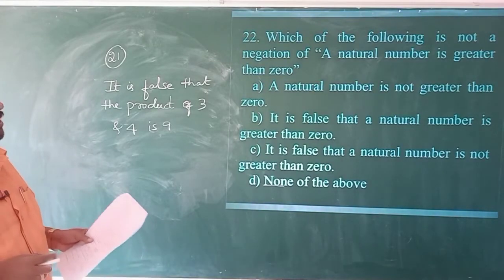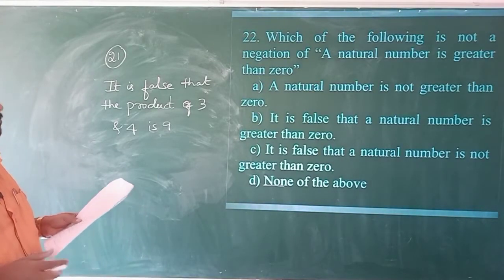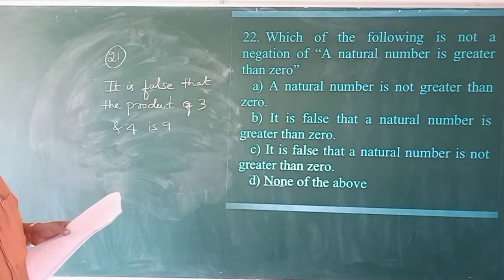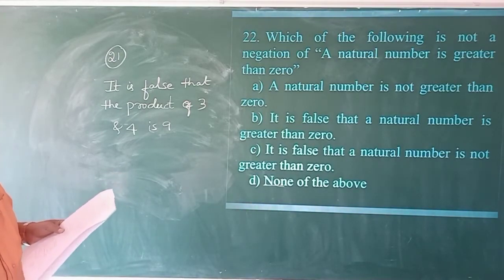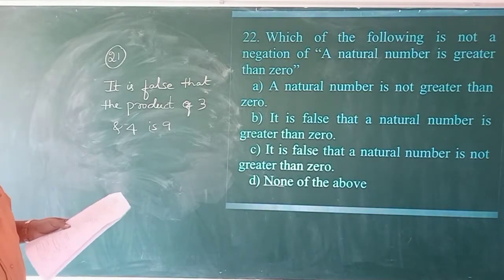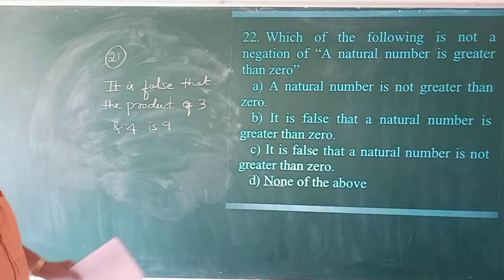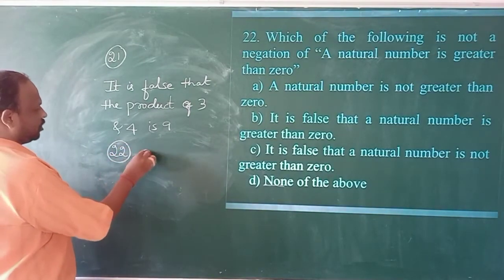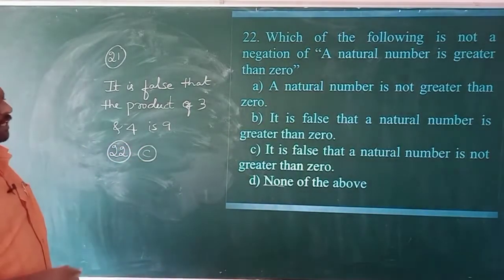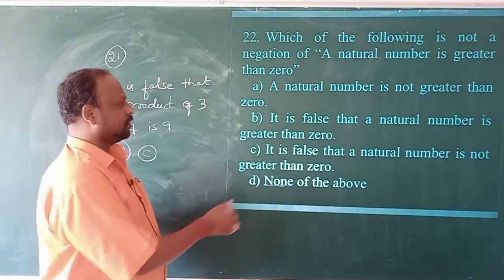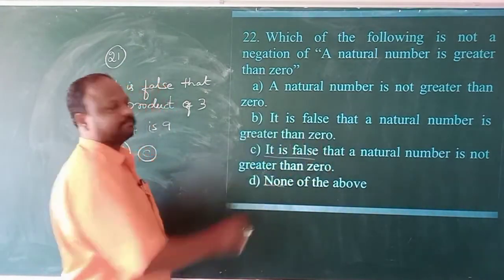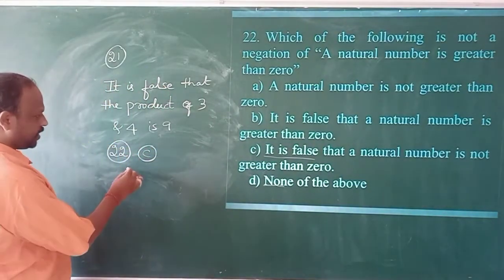Go for the next one. Which of the following is not a negation? 22. Not a negation of a natural number is greater than 0. Here option C. Option C is not the negation because they have included not and they have included it is false that.